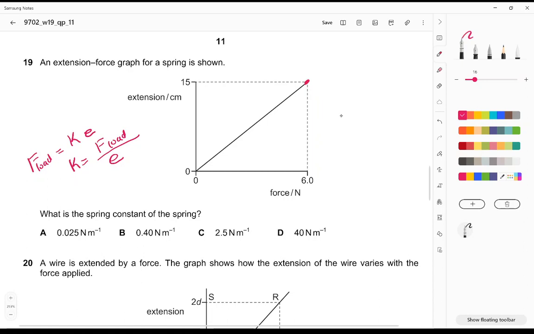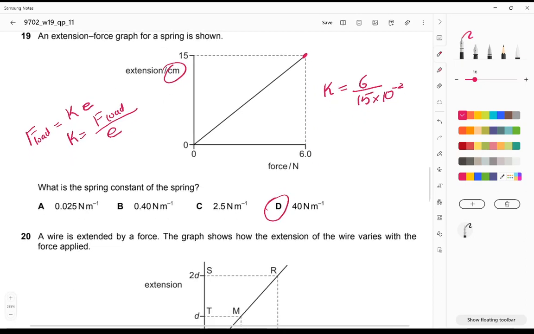So this is actually the inverse gradient. So K should be equal to 6 divided by the extension 15 into 10 raised to power minus 2, because I'm converting centimeters into meters, because the answers are given as Newton per meter. So 6 divided by brackets 15 into 10 raised to power minus 2, bracket closed, and that gives me 40.